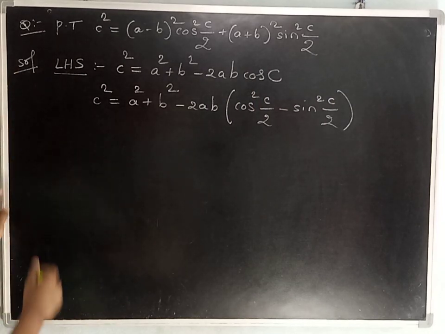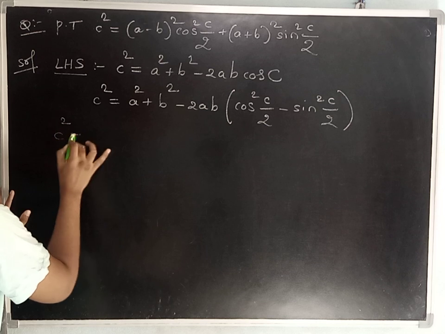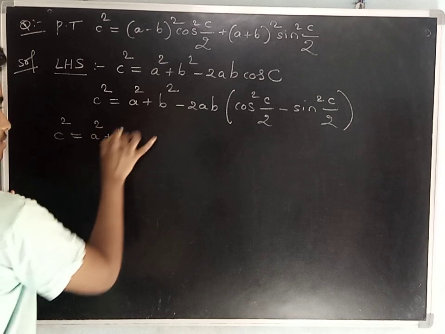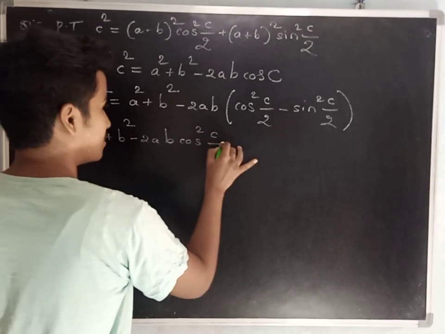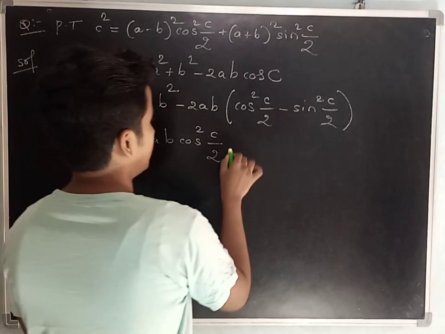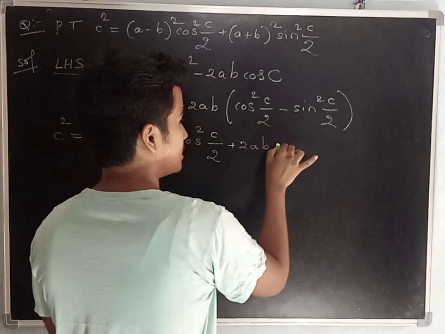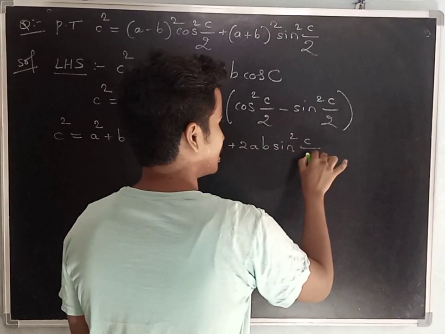Now c square is equal to a square plus b square minus 2ab cos square C by 2 plus 2ab sin square C by 2.